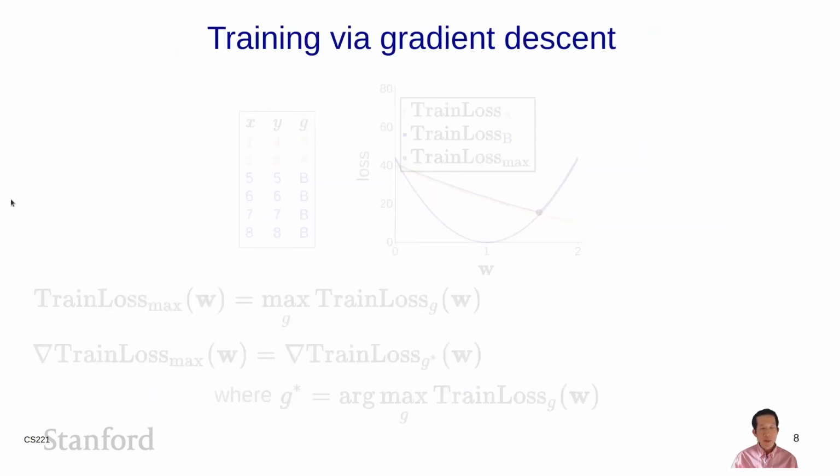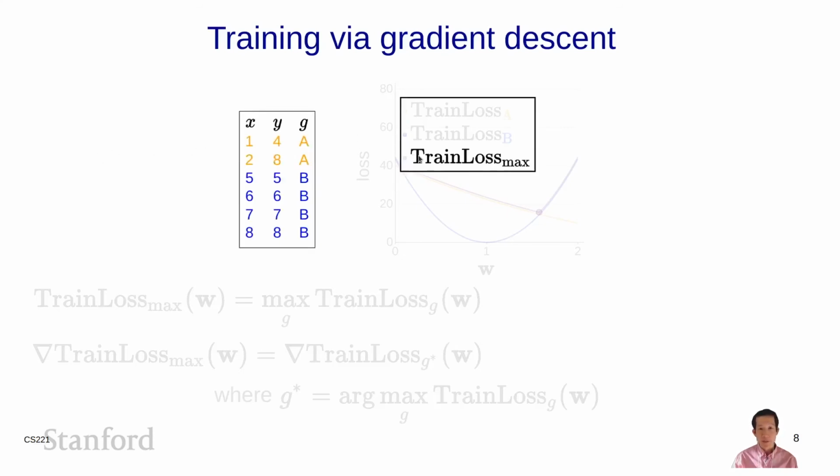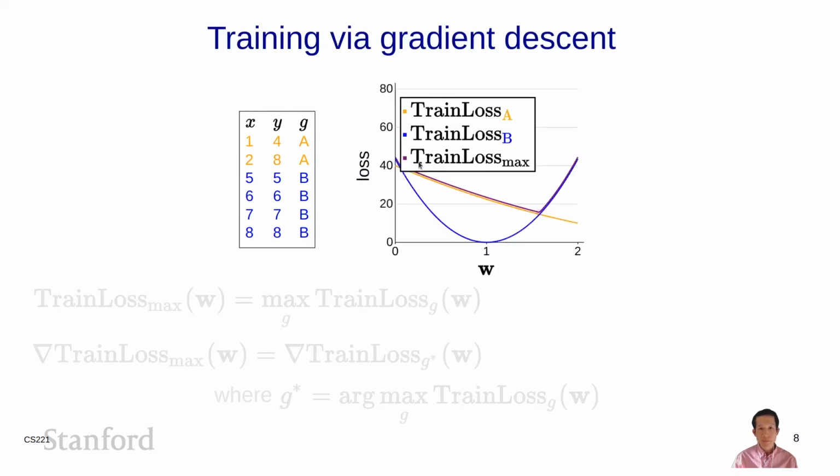So how do we minimize the maximum group loss? As before, we're going to use gradient descent and follow our nose. So let me just try to plot this. Here's the objective function. The maximum group loss, train loss of max, is, remember, the maximum over all the groups of the per-group training loss.